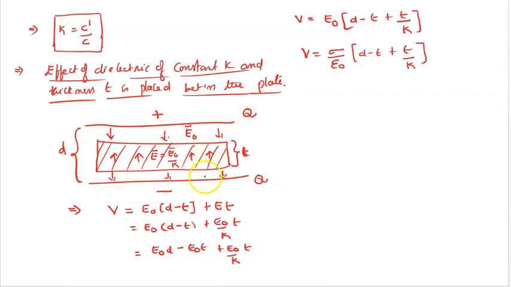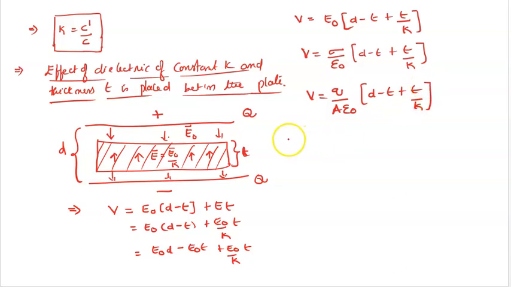And here A is the area of the plates of the capacitor. Here sigma is equal to Q by A, charge per unit area, into D minus T plus T by K.